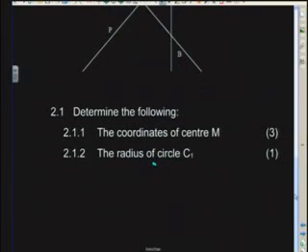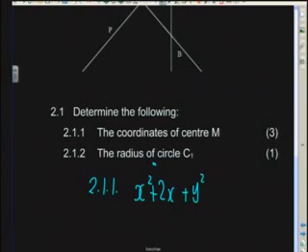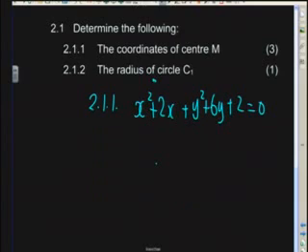And we just have to complete the square to work out the center. So we've got x squared plus 2x plus y squared plus 6y plus 2 is equal to 0. So that's the equation that they've given you. Now what we've got to do to write this in the form of a circle of center, we need to complete the square.